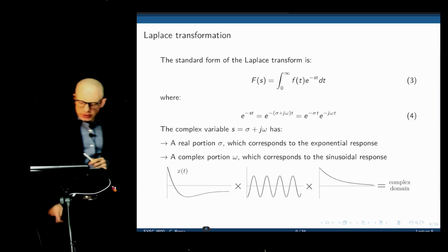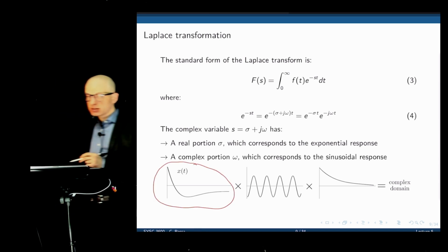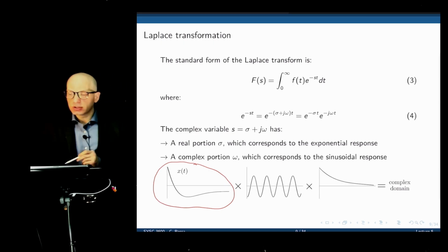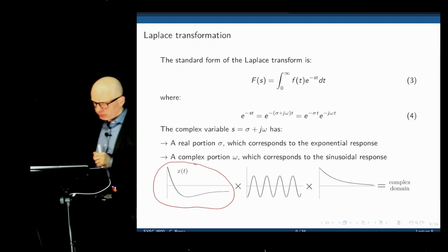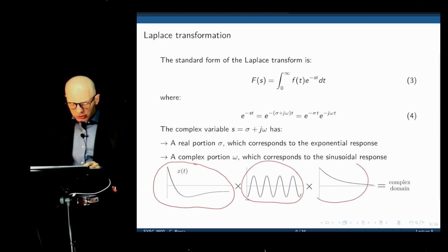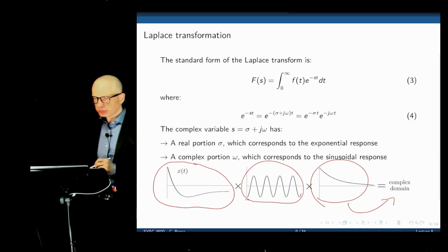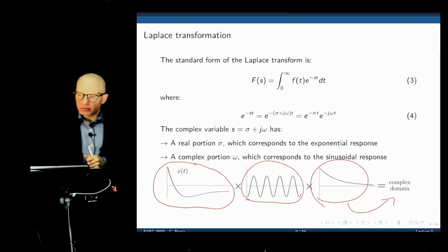So here is what I was explaining earlier. Assuming that the solution to our differential equation is this, we can recreate that signal using a combination of sinusoidal waveforms and exponential waveforms, because again, those are the only possible solutions to any differential equation. By decomposing the signal into its sinusoidal and exponential components, we multiply all these together and convert the function from the time domain to a new domain that we're going to call the complex domain or the Laplace domain.